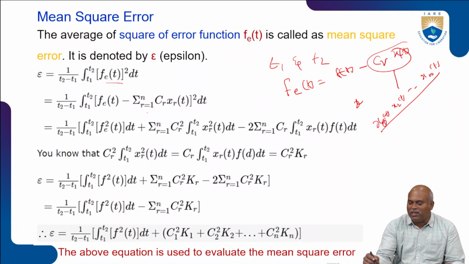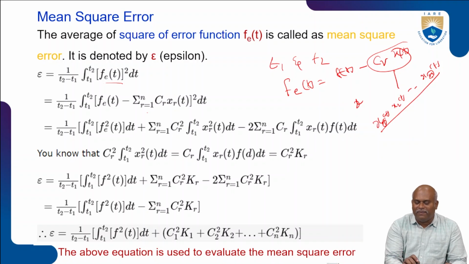Then we may split the integration as per this square: 1 by (t2 minus t1) integration from t1 to t2 of f squared(t) dt, plus summation of r equal to 1 to n c_r squared integration from t1 to t2 of x_r squared(t) dt, then minus 2 times summation of r equal to 1 to n c_r integration from t1 to t2 of x_r(t) f(t) dt.